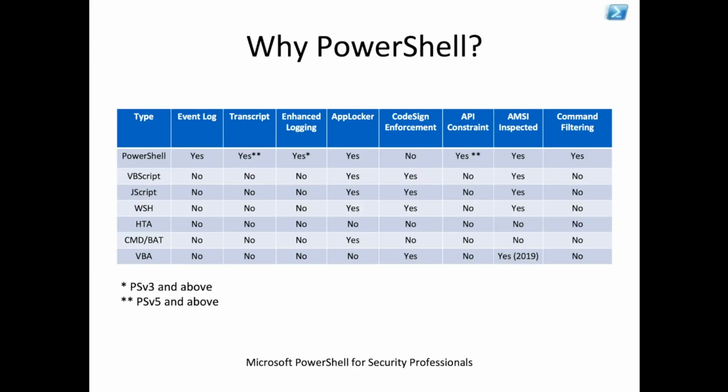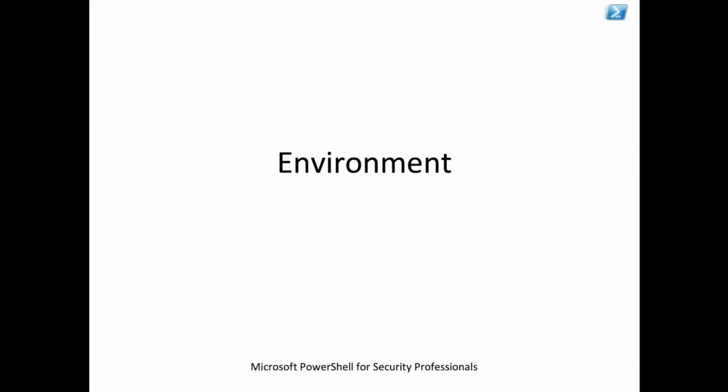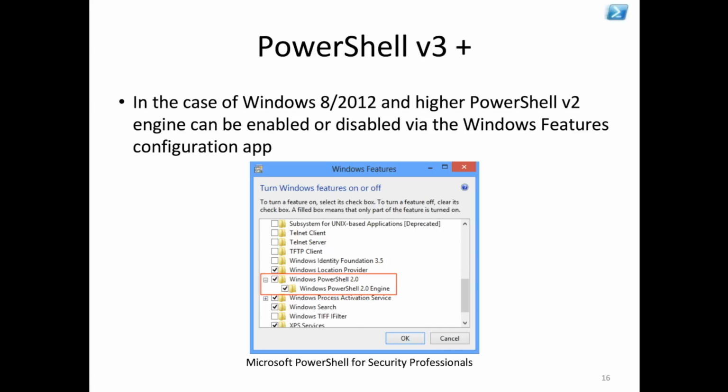Now let's go a bit about the environment itself. If you're running the latest version of Windows 8, 2012 and above, the PowerShell Engine 2 now becomes a feature that you can actually install and enable on your machines. Now, it does have some problems.